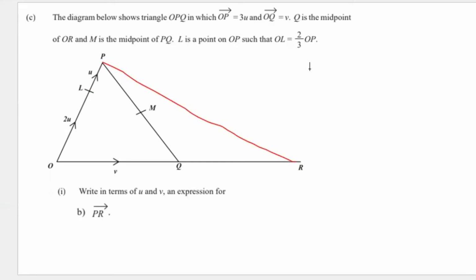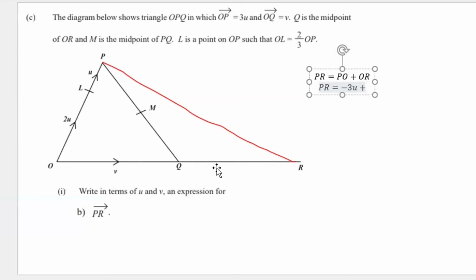So if we're looking at PR, I'm going to go PO plus OR. OP was 3u, so PO would be minus 3u, plus OR. O to Q was v, and Q is the midpoint of OR.